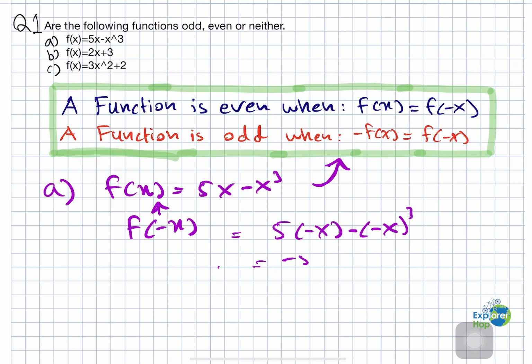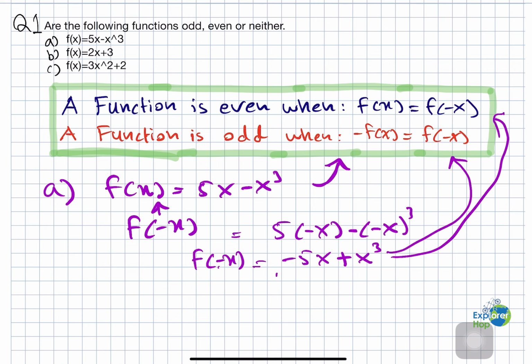That gives us minus 5x, and a cube of a negative number remains negative, and negative times negative is a positive, so we get plus x cubed. Now that we know that f of negative x is equal to minus 5x plus x cubed, is this the same thing as f of x, or is this the same thing as negative f of x?